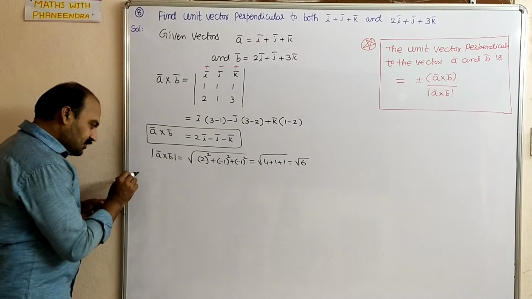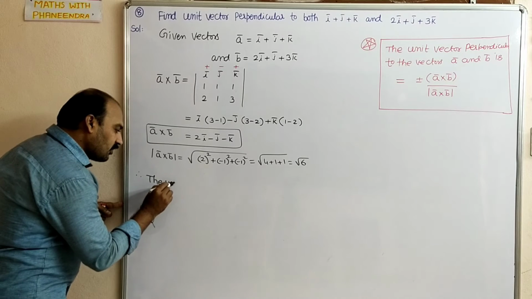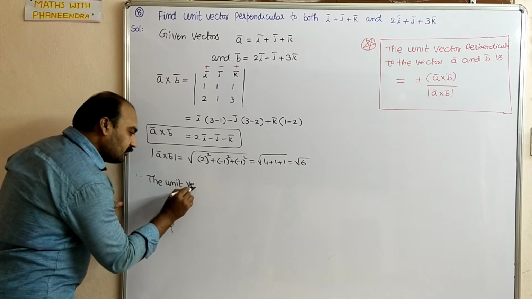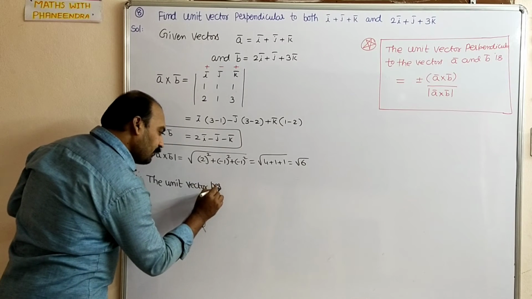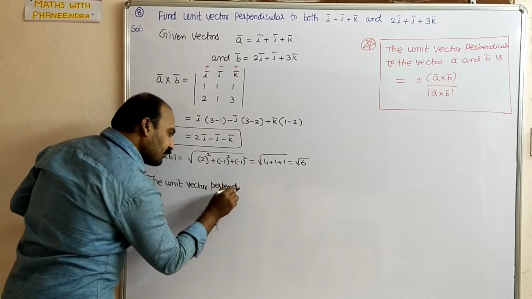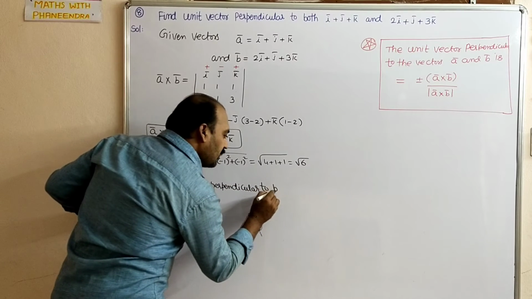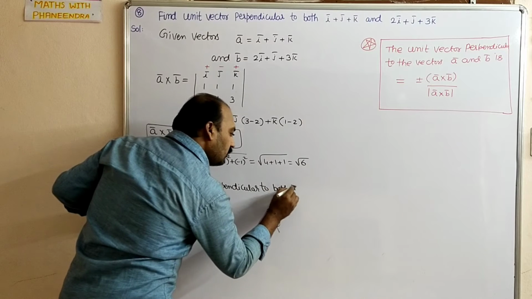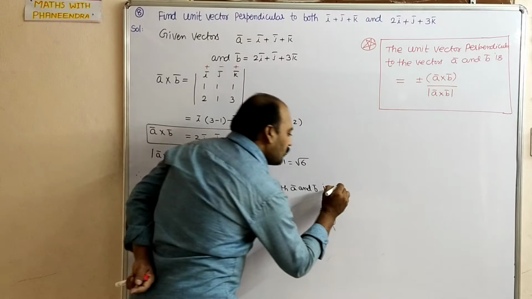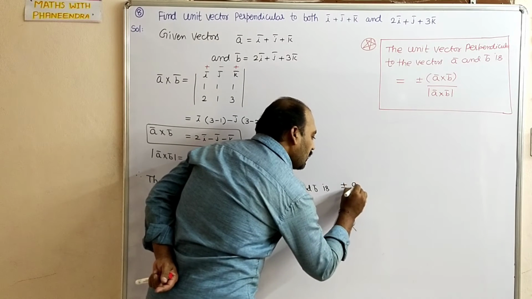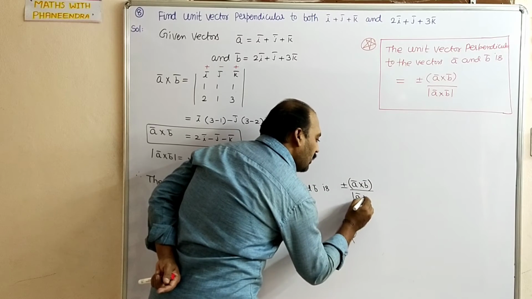After that, conclusion step. The unit vector perpendicular to both A bar and B bar is plus or minus A bar cross B bar divided by mod A bar cross B bar.